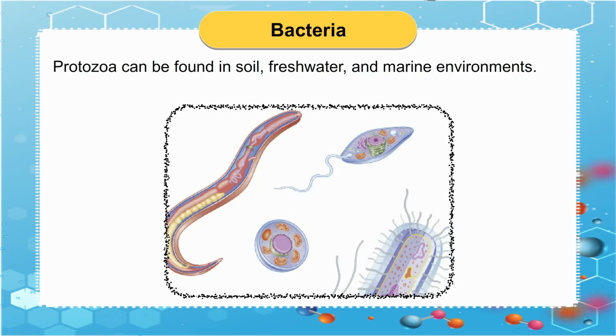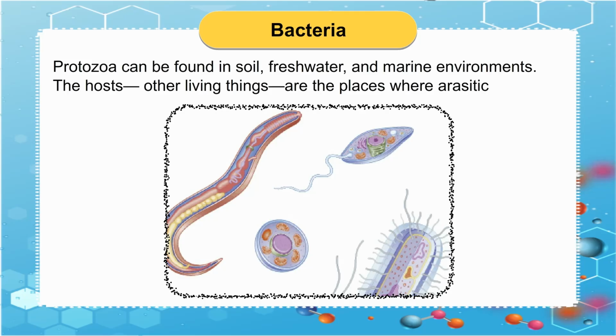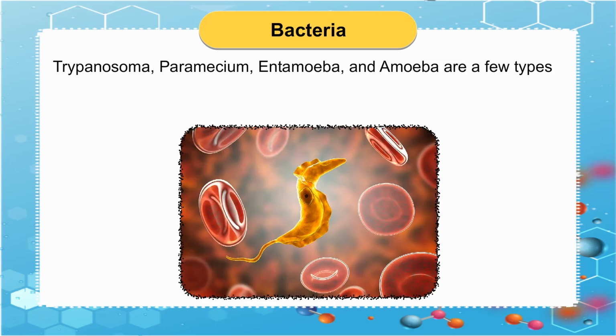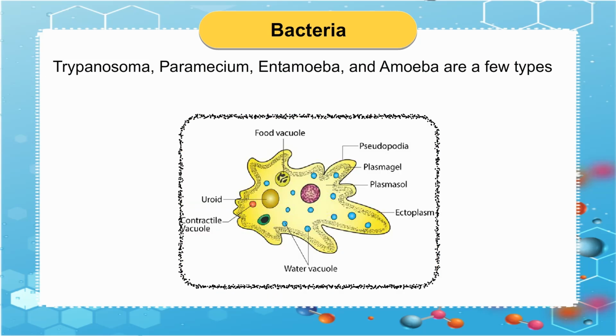Protozoa can be found in soil, fresh water, and marine environments. Parasitic protozoans reside on or inside other living things, called hosts. Trypanosoma, Paramecium, Entamoeba, and amoeba are a few types of protozoa.